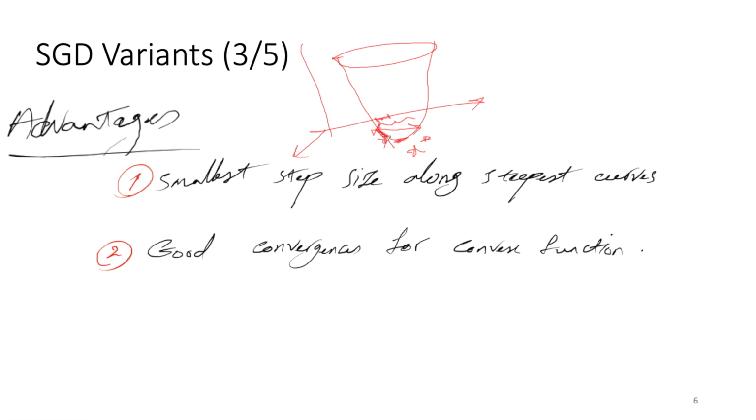So this point is much better than that one because it's closer with respect to that, right? So one of the advantages of AdaGrad was along the steepest curves, it would make the step size smaller, it would vary the step size. And thus it's a good convergence method for convex functions, obviously.